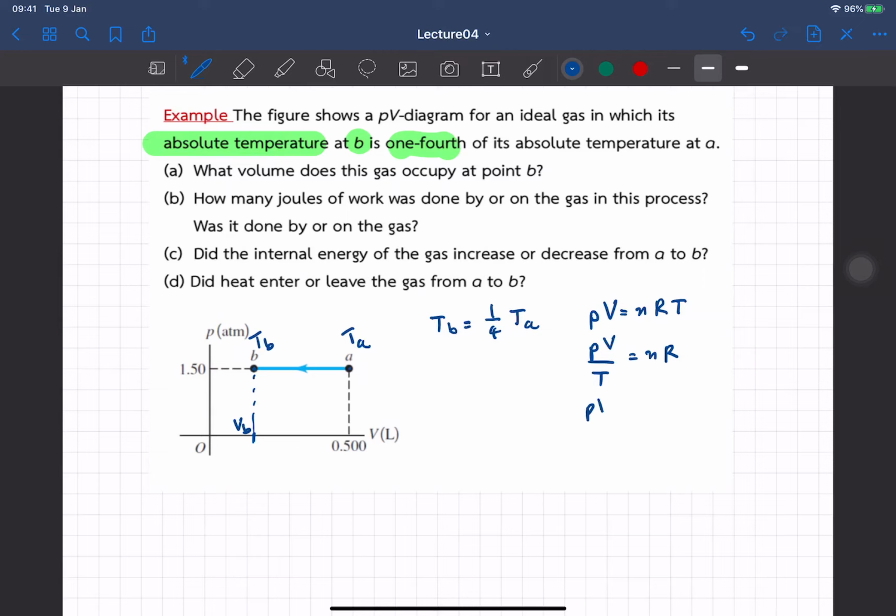So PV over T is constant for this gas. What does it mean? It means that if I take P at point A, V at point A divided by T at point A, it's going to be equal to P at point B, V at point B, divided by T at point B.